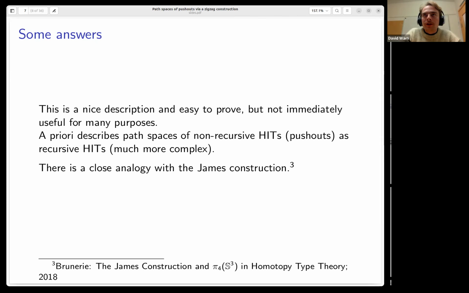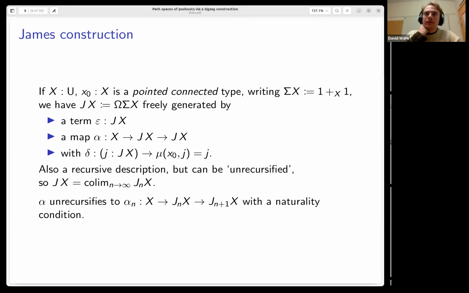And here there is a close analogy with the James construction, which is expressed and formalized in HoTT by Brunerie. So I want to make this precise, so I just start by briefly sketching what the James construction does.